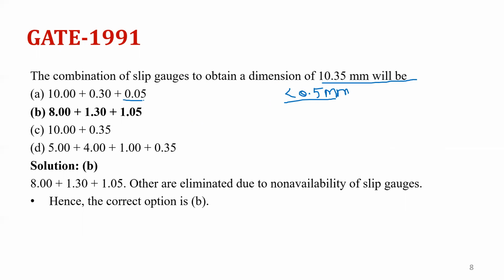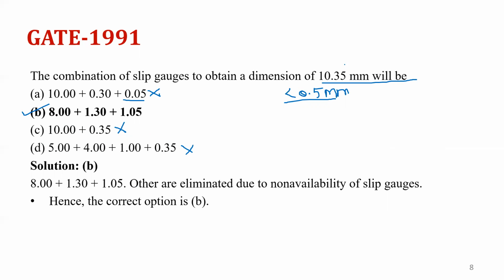So here there is a 0.05 mm. This is wrong. And here it is less than 0.5, 0.35. It is also wrong. It is also less than 0.5. This is also wrong. So the correct answer is B.